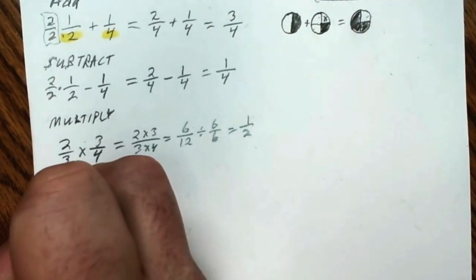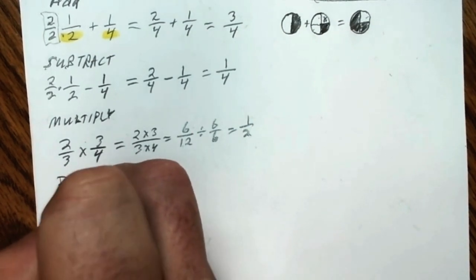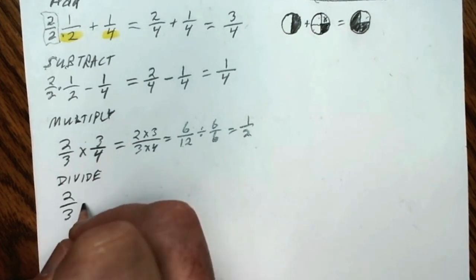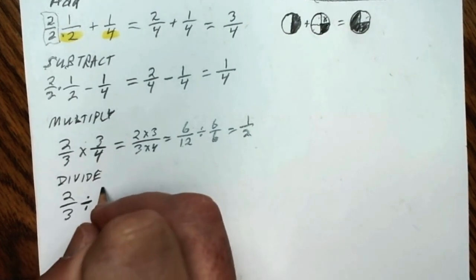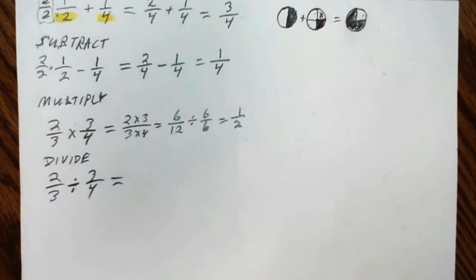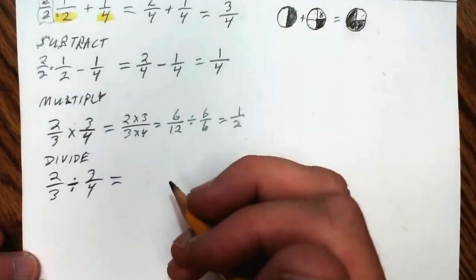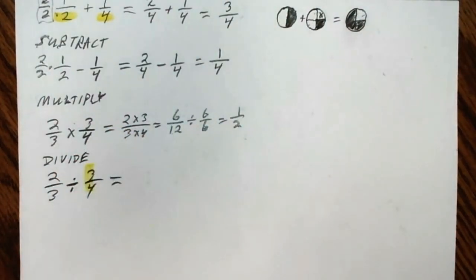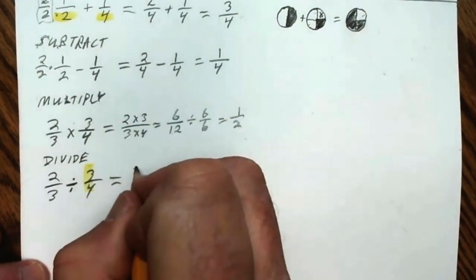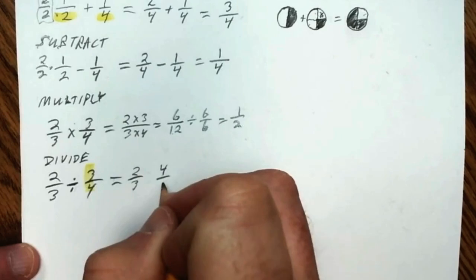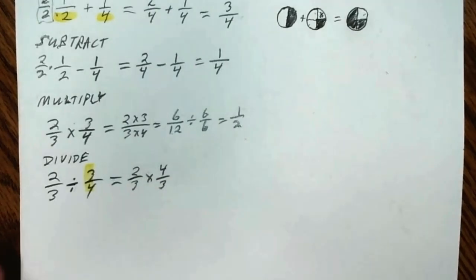So here's the last one. Dividing. 2/3 divided by 3/4. Okay, to divide fractions, I'm going to highlight this one. To divide fractions, you take the number you're dividing by and turn it upside down and multiply.